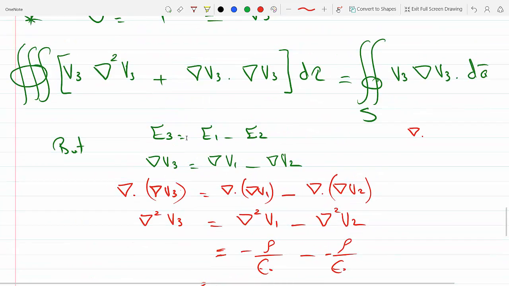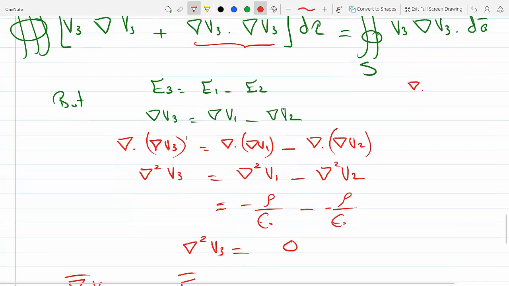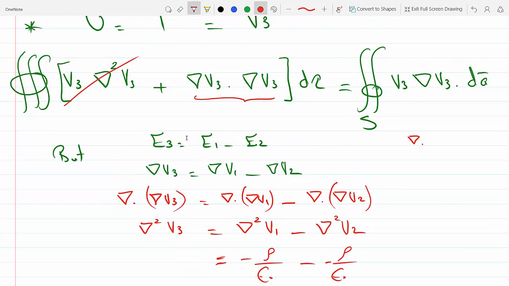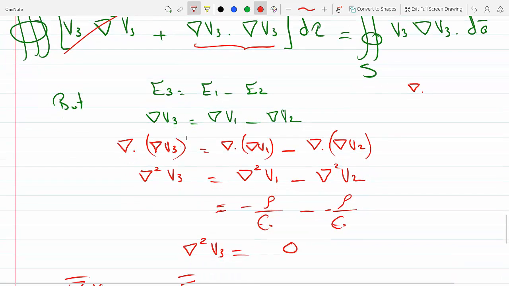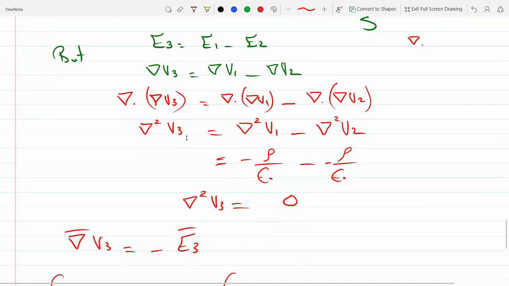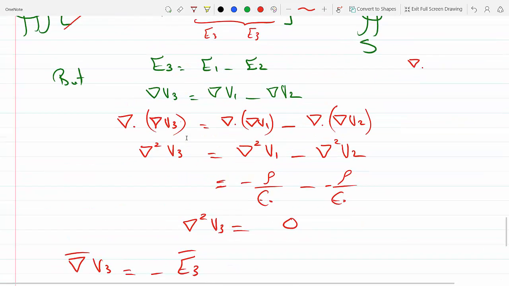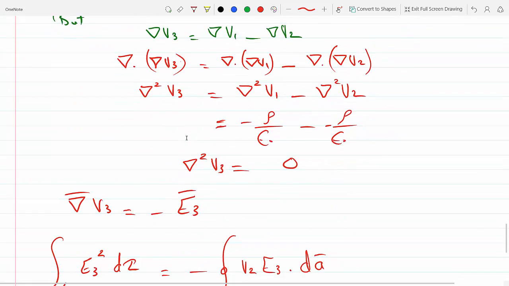So the left hand side is where I proved that this guy here is 0, because I proved that the Laplacian of V3 is 0, and the gradient of V3 is just E3, and this is E3, so this became E3 squared d tau, yeah.